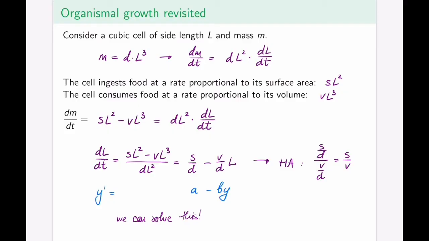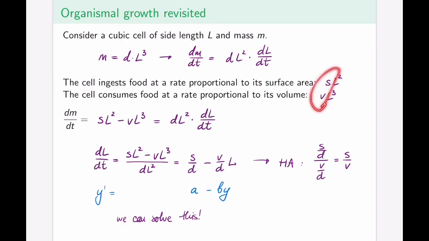That means that in my solution, I'm going to go from the derivative of L to L itself, and L itself, as a horizontal asymptote, will approach S over V. So as the cell grows, these constraints of the ingestion and the consumption of nutrients will lead to the length of the side of the cube of the cell, so the dimension of the cell, to be bounded by this ratio S over V. So the ratio of the proportionality of the surface area to the proportionality of the volume.